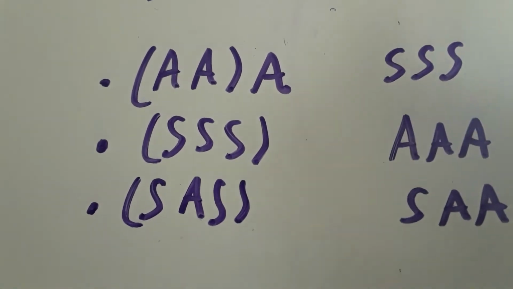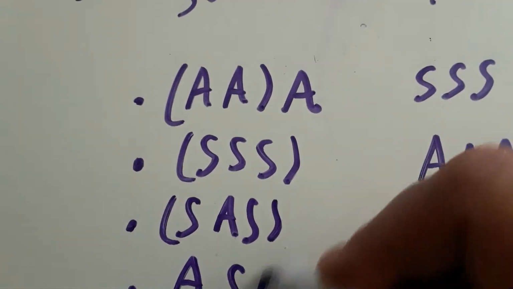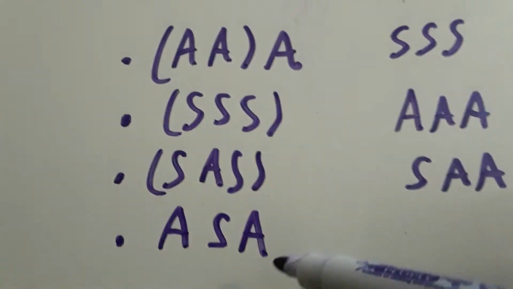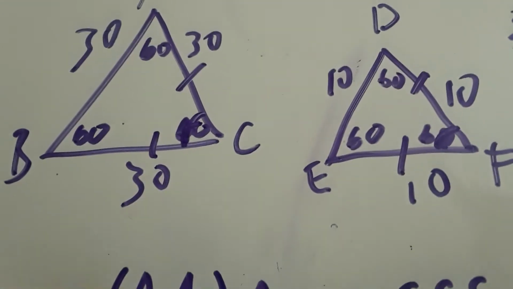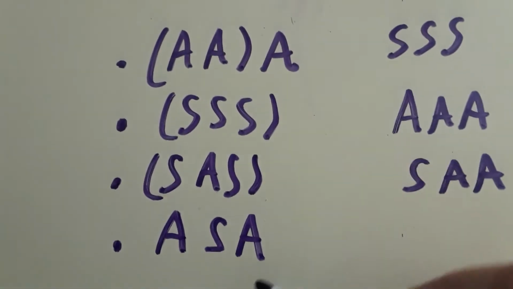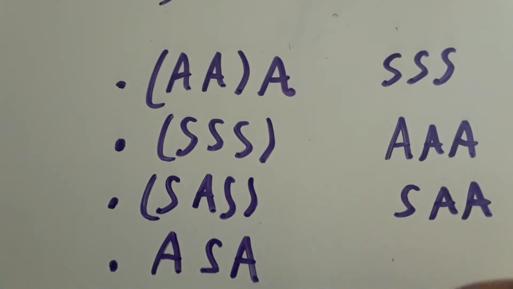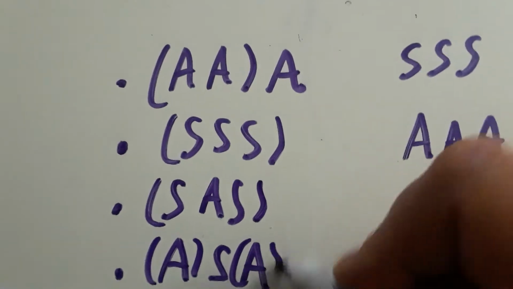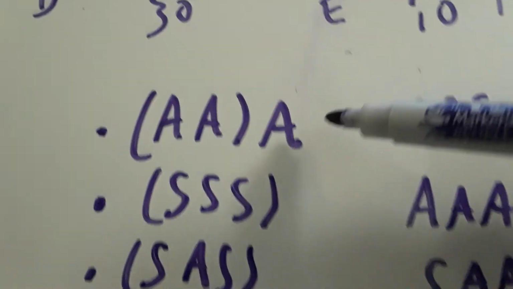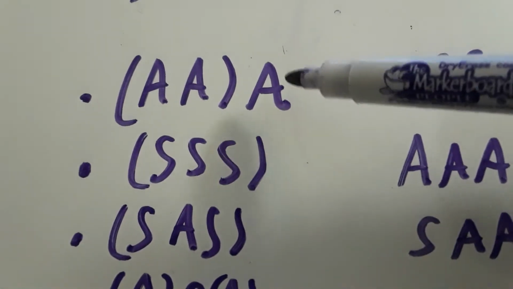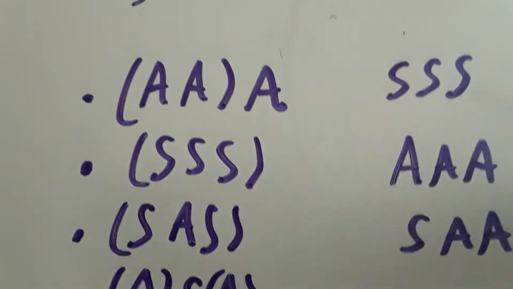You could probably look at another one where it's ASA. So you have a side that's proportional, say BC, that's between two angles, B and C, that are equal. Of course, in this case, you should be able to realize that ASA, or angle side angle, proves triangle similarity because it has the two angles in it that are equal. And remember, if you go back to the first one up here, as soon as you have two angles that are equal, by definition, the third angle will be equal and the three sides are proportional.